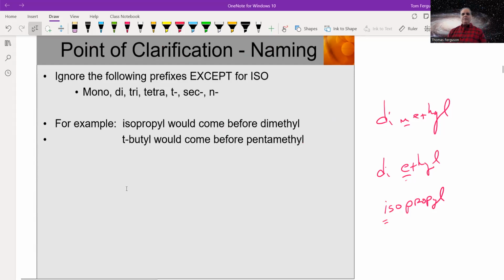Now, when you're naming, normally you ignore the mono, di, tri prefix, but you cannot ignore the iso. That's going to be an I in terms of alphabetizing when you're doing naming.